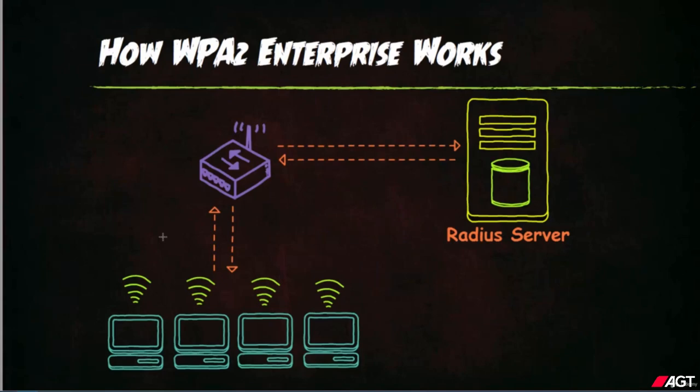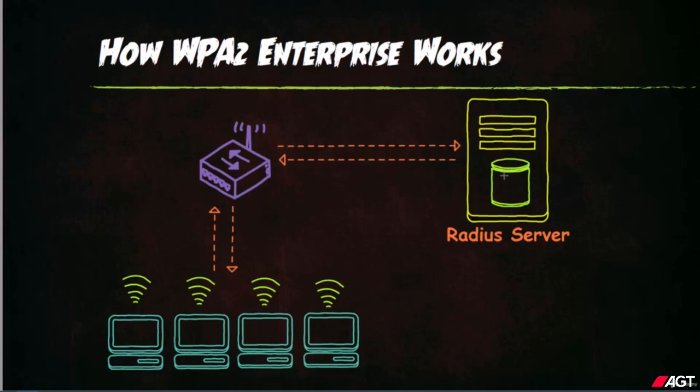So there is a concept of a RADIUS server in which all the usernames and passwords are stored, right? If someone tries to connect to this network, they have to enter their username and password. Once they enter their username and password, the access point will confirm them with the RADIUS server.